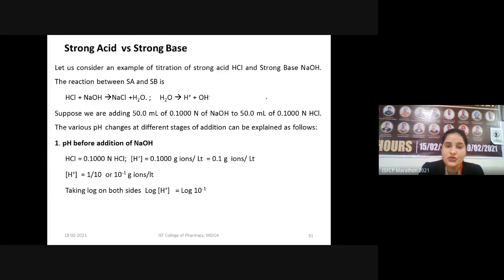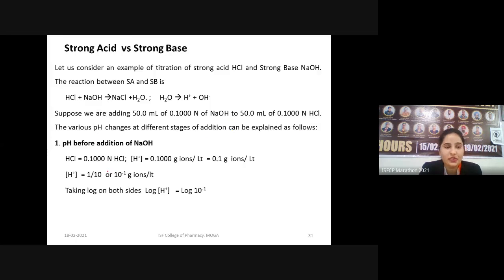The concentration of both acid and base is exactly the same, that is 0.1 normal sodium hydroxide and 0.1 normal HCl solution. We will now be studying the various pH changes at the different stages of the addition.